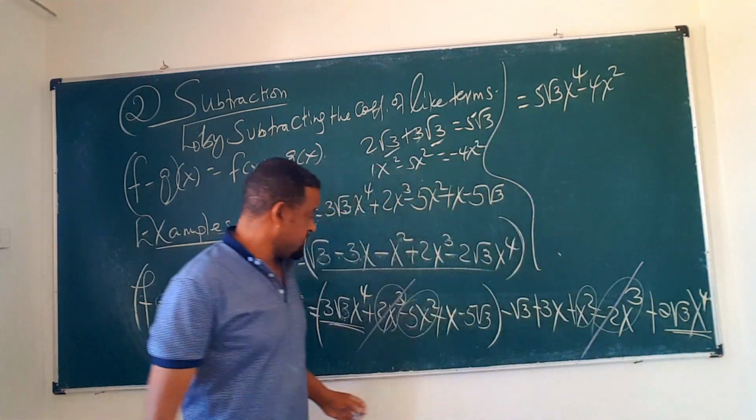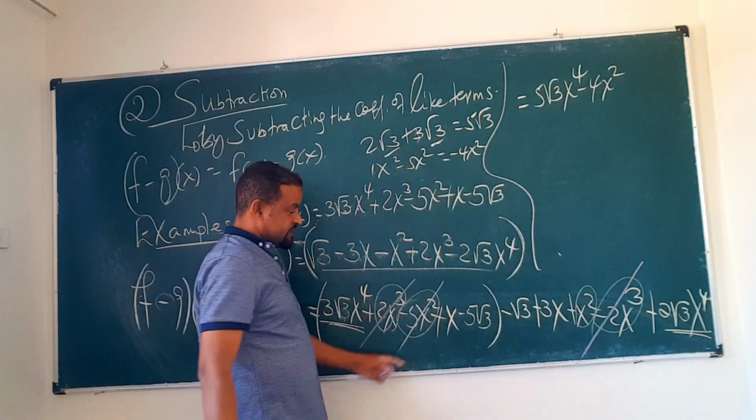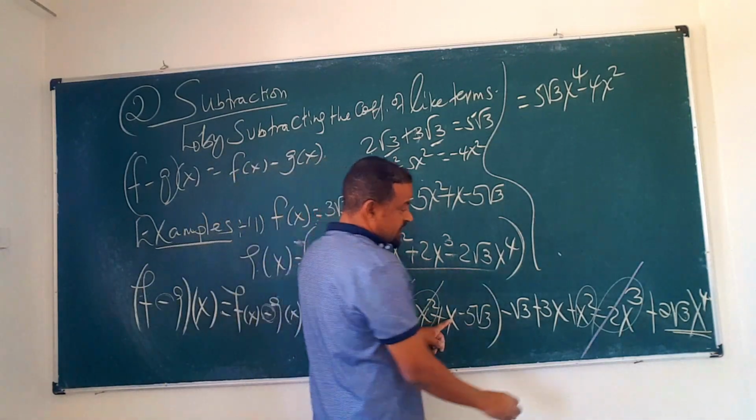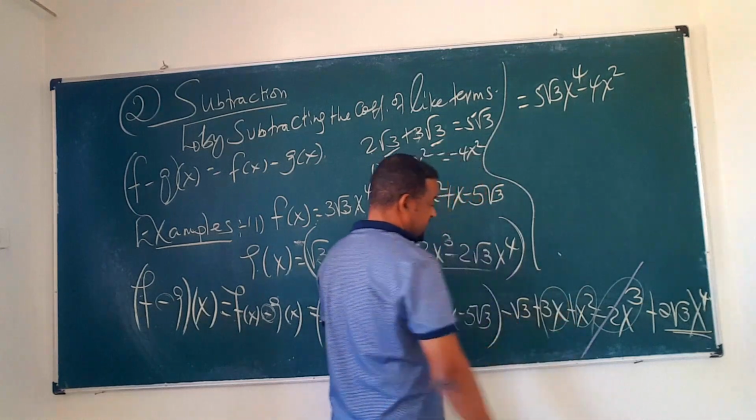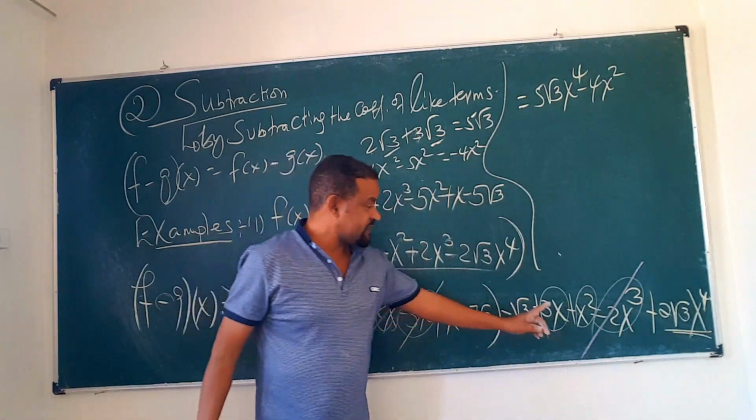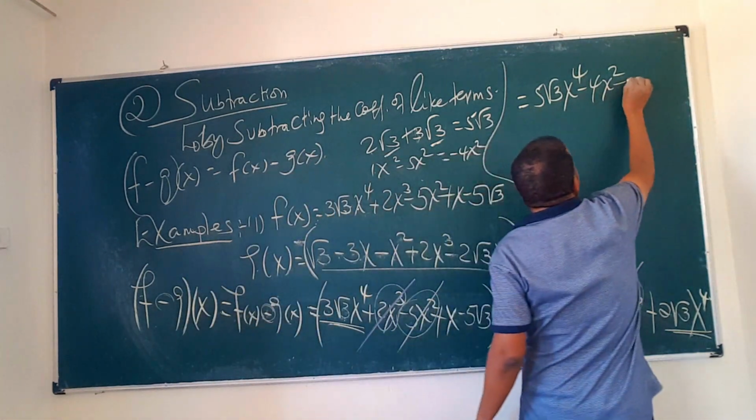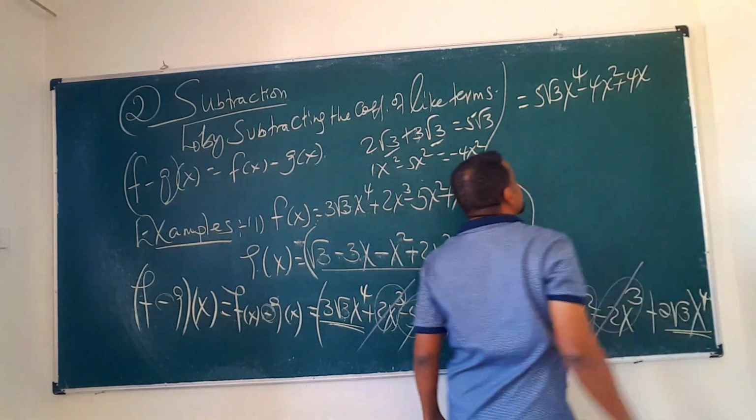The next is positive x and positive 3x, which is plus 4x.